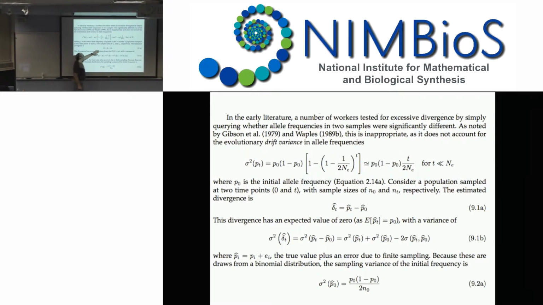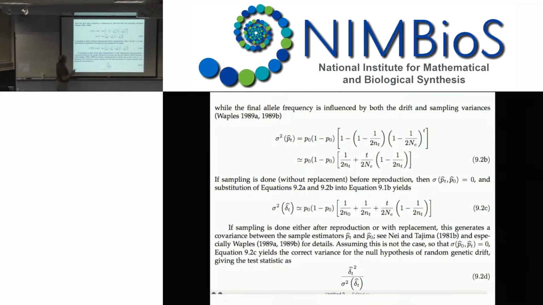We can basically take the divergence as the new value minus the old value, and we can then construct a test here. And this basically is the variance of that initial frequency. Here is the variance at time t. So if you add those two variances, you get this expression over here.